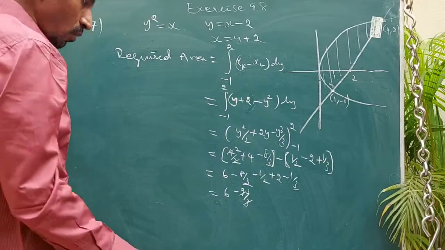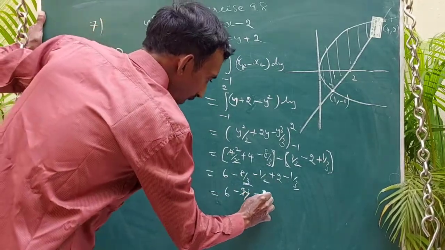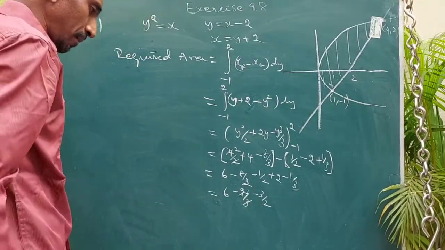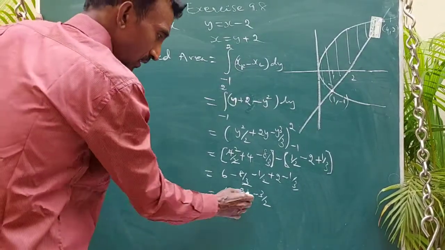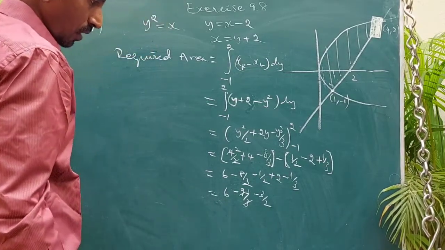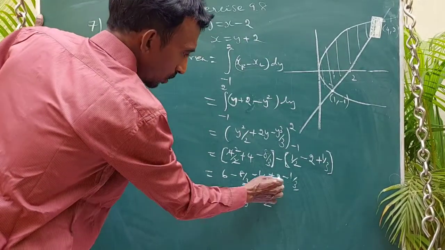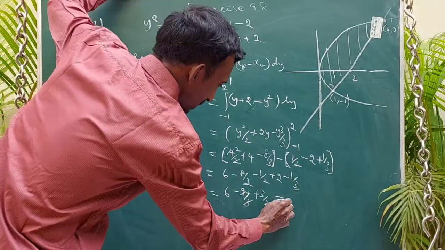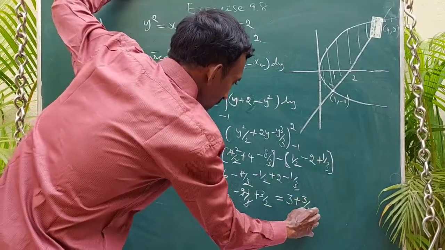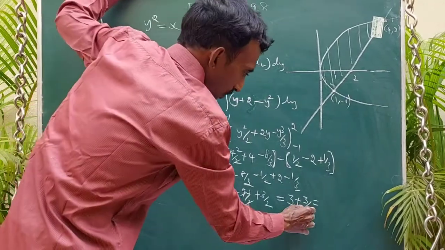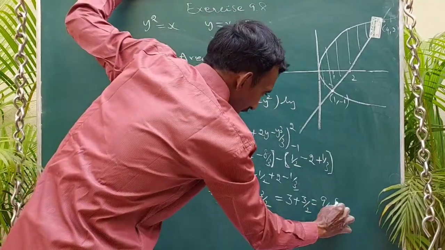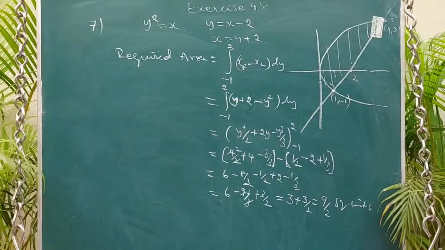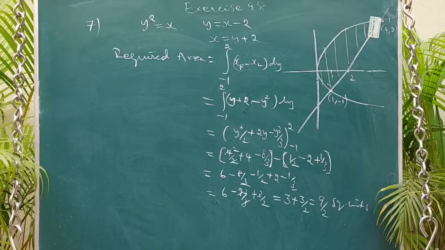And 2 minus 1 by 2 is plus 3 by 2. So 6 minus 3 is 3, 3 plus 3 by 2. If we take the LCM, we are getting 9 by 2 square units. If you want, you can write 4.5. So 9 by 2 square units, very simple one.